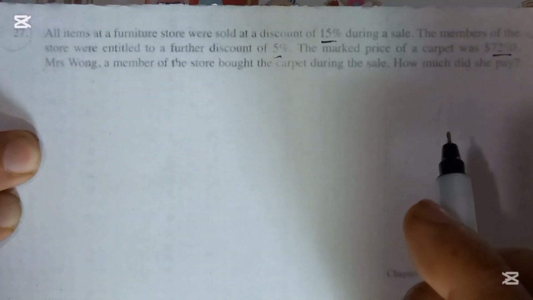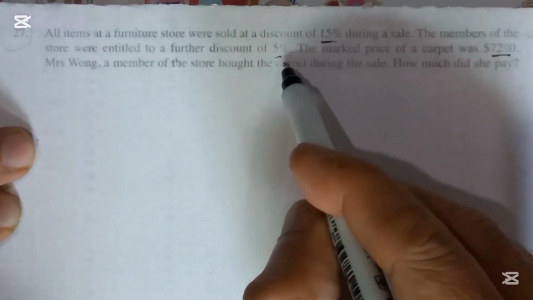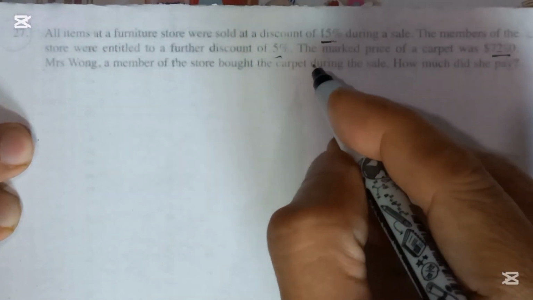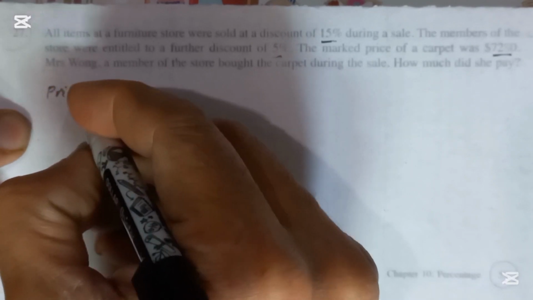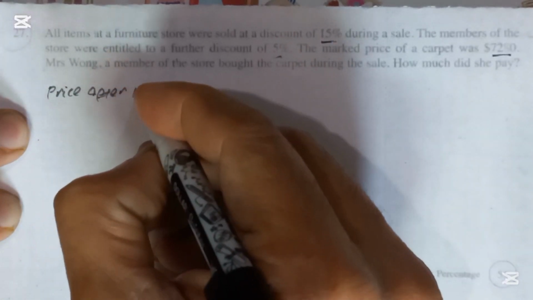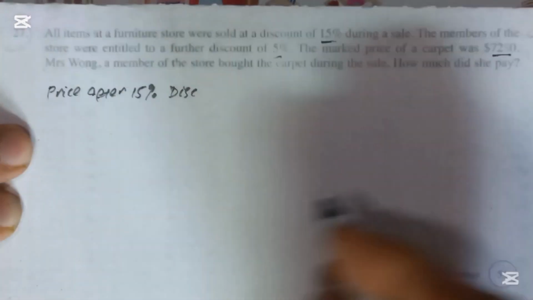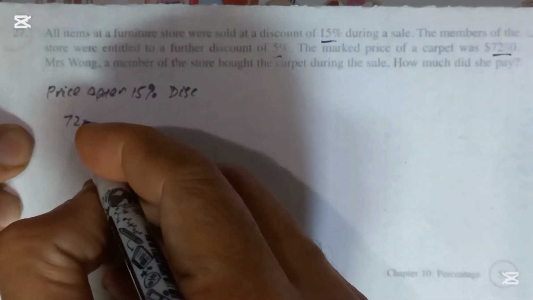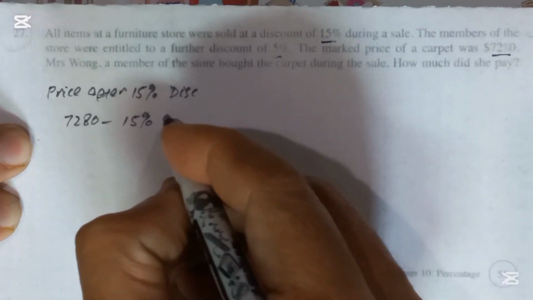One thing that you have to be careful about is, do not add the two discounts. We have to solve the question step by step. So the price after 15% discount will be equal to, that is 7,280 is the mark price. On this we are getting a 15% discount.